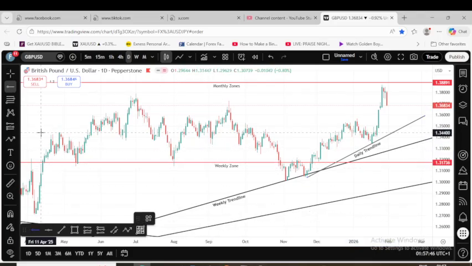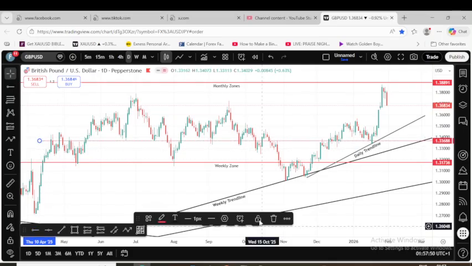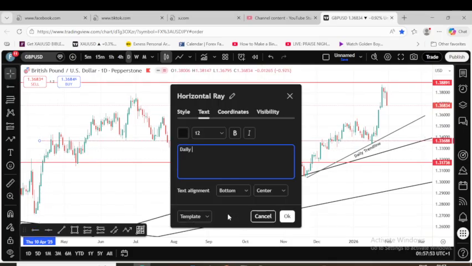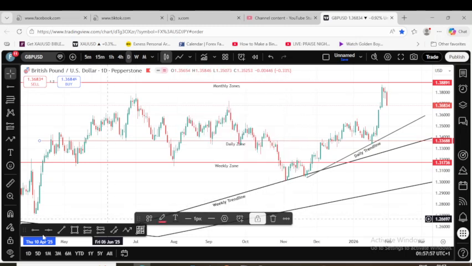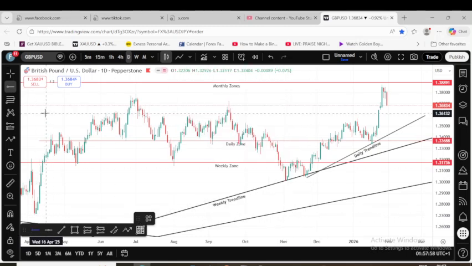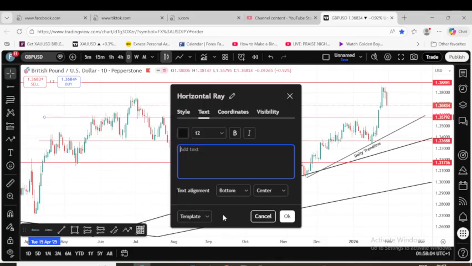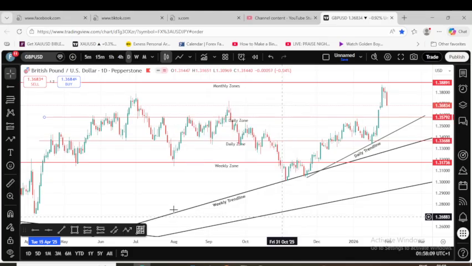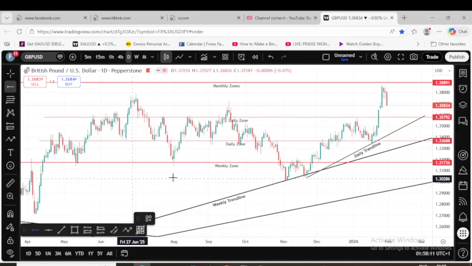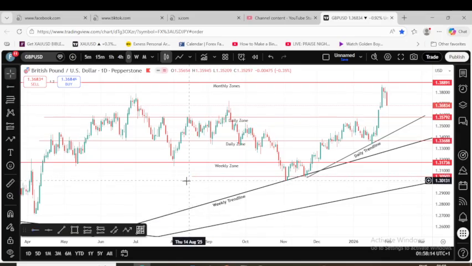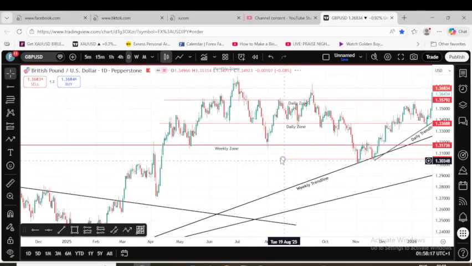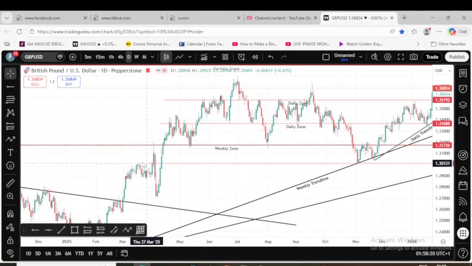Okay, so we have a daily zone here. We have another daily zone around here. We have one here. Can even drag it back like this.